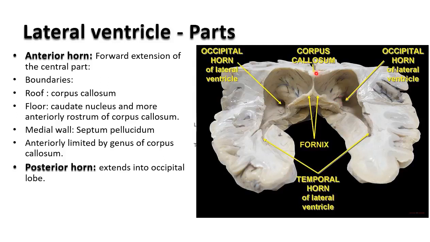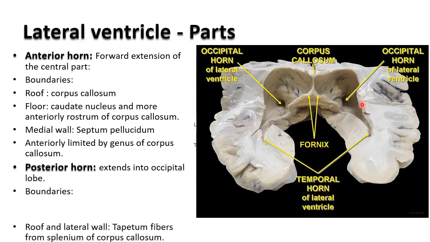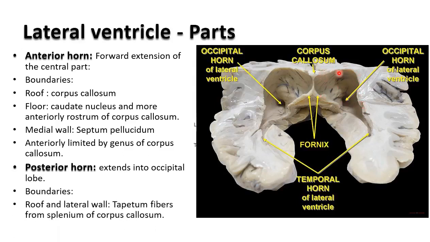It has a roof, a lateral wall and a medial wall. So what forms the boundary? The roof and lateral wall are formed by the tapetum fibers from the splenium of the corpus callosum.